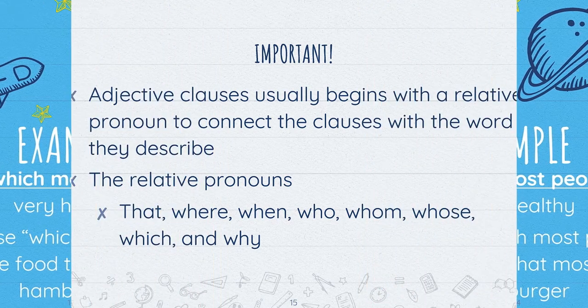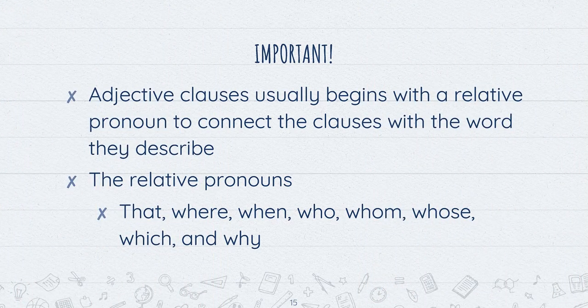Now, what you have to pay attention to about the adjective clause is that adjective clauses usually begin with a relative pronoun to connect clauses with the word they describe. The relative pronouns are that, where, when, who, whom, whose, which, and also why.